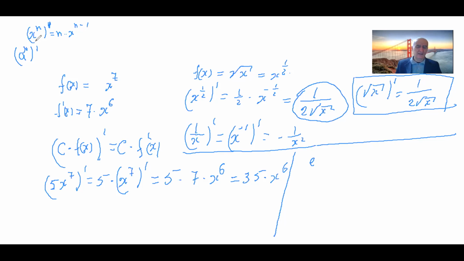In the power function, the variable x is in the base, and in the exponential function, the variable is in the power. So don't confuse power function and exponential function. The derivative of the exponential function is a to the power x times ln a.